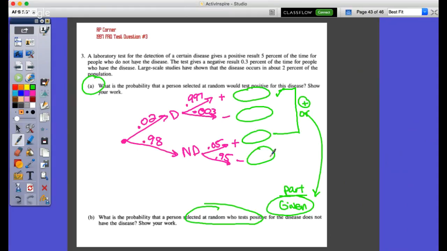Those who test positive for the disease. The top would be does not have the disease. So we would say it would be the 0.05 over whatever the given is, that they tested positive for the disease. Okay? Cool.